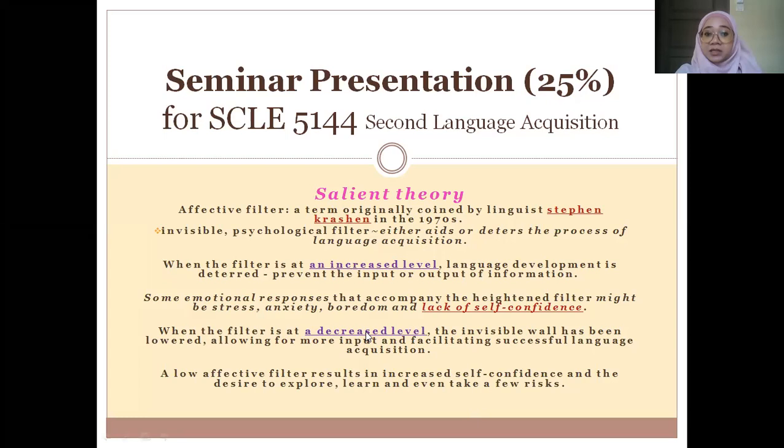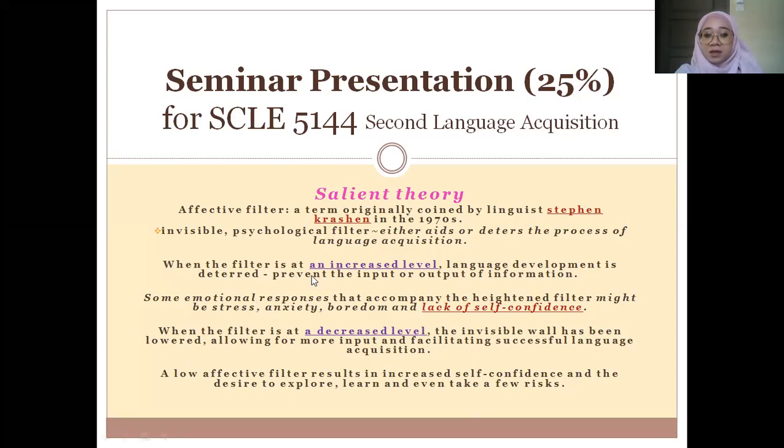Affective filter is a term originally coined by linguist Stephen Krashen in the 1970s. It is invisible and also known as a psychological filter which either aids or deters the process of language acquisition.